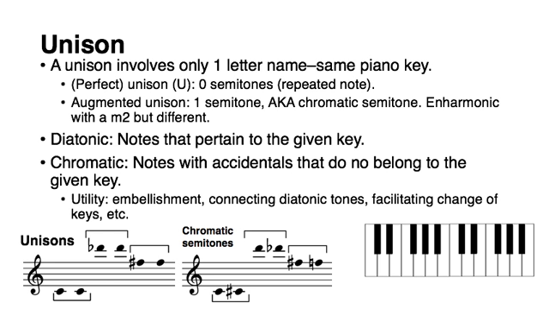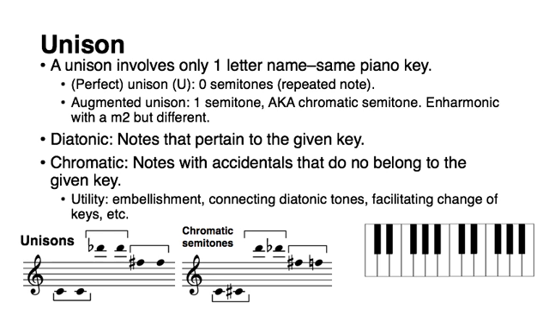And even when it is an augmented unison, most people will call it different things, like chromatic semitone. An augmented unison is enharmonic with a minor second. Enharmonic, as you'll remember, means intervals with different names and different qualities, but that contain the same number of semitones and therefore sound the same.